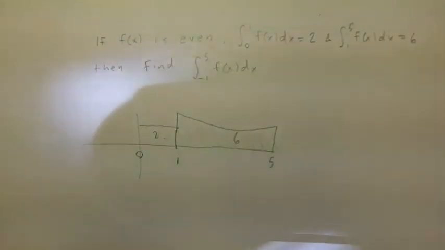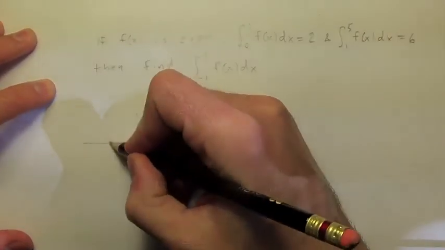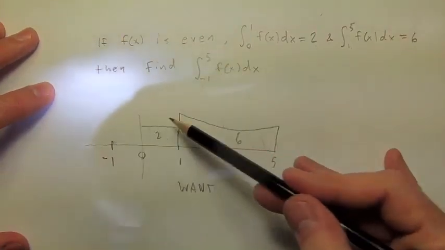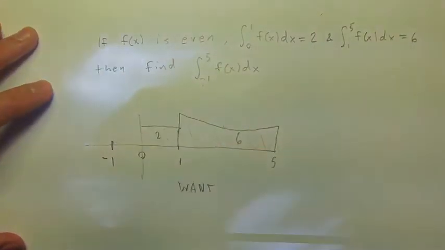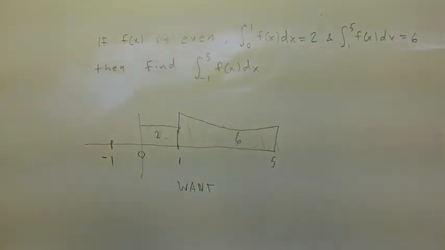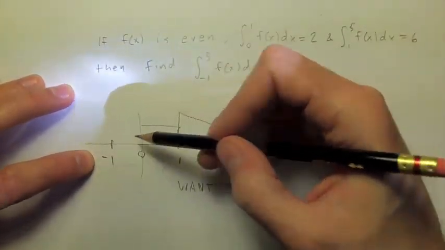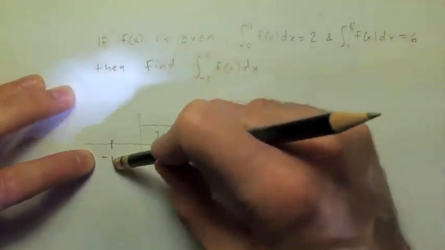But what do we want? We want the integral from -1 to 5. So I'm missing a piece here, right? Now, which is it going to be? Well, if f were odd, like the last time, we'd put a piece right here that would match this exactly, right? But it's not odd, it's even.